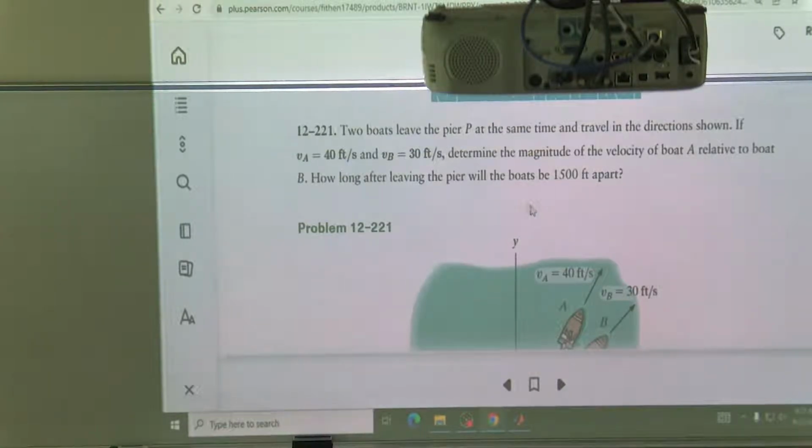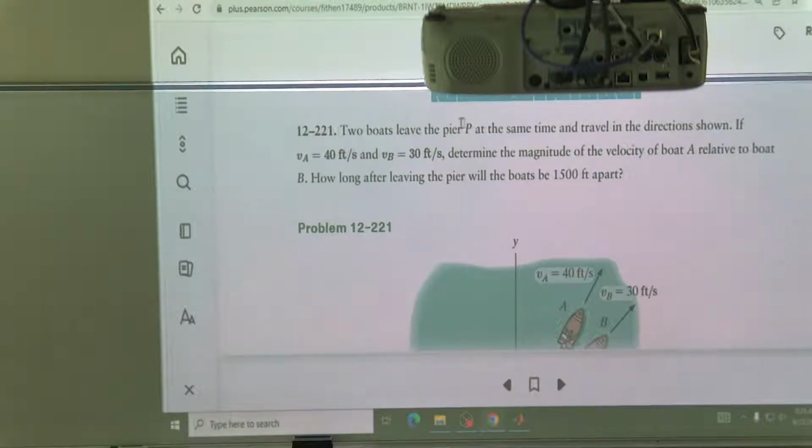So two boats leave a pier at the same time. Boat A, as shown in the picture, is at 40, and boat B is at 30. Determine the magnitude of the velocity of A relative to B, and how long after leaving the pier will the boats be 1,500 feet apart. Does he say they're constant?